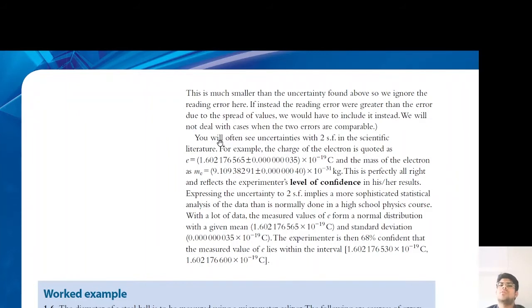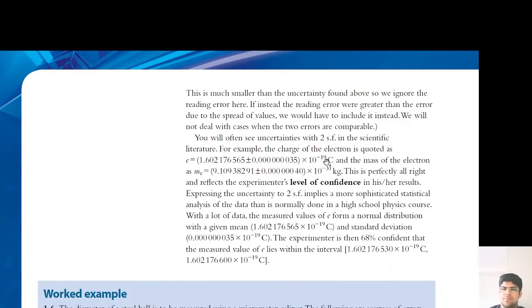Okay, so you will often see uncertainties with two significant figures in the scientific literature. For example, the charge of the electron is quoted as e equals 1.6021766565 plus or minus 0.000 and so on 35 times 10 to the power minus 19 C. Everyone, please guess what this C is?